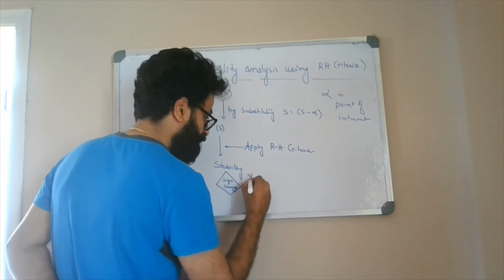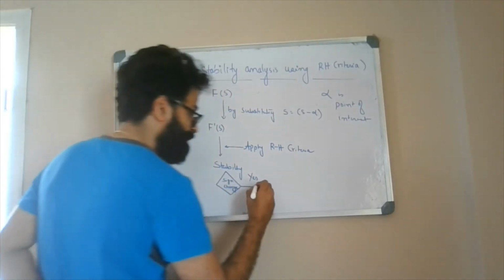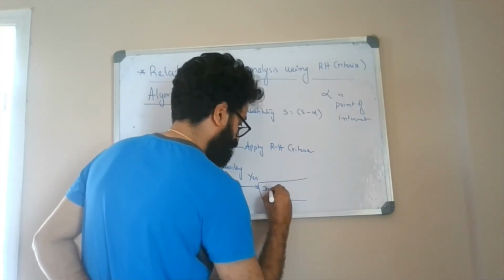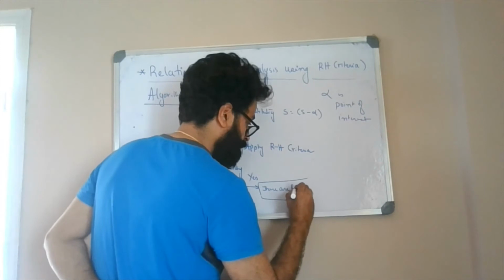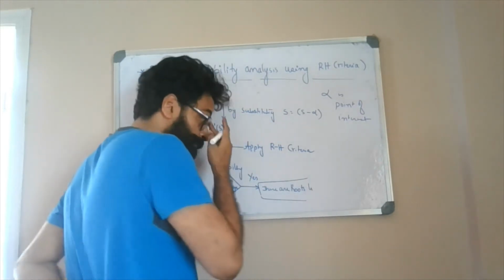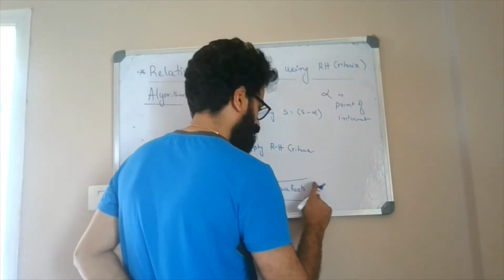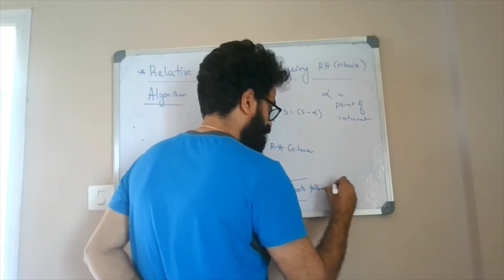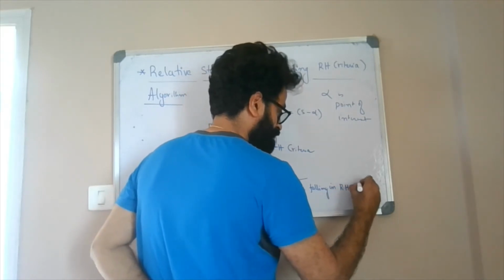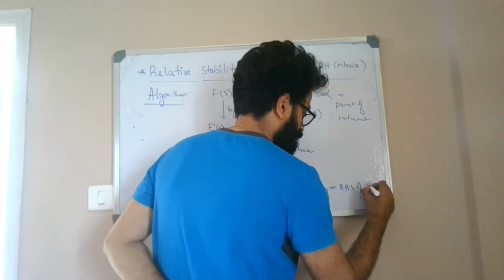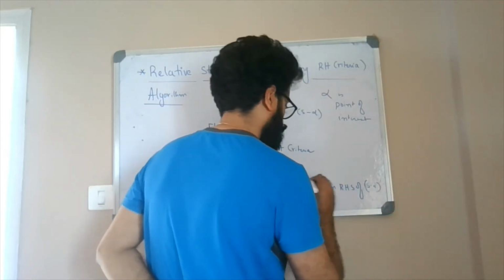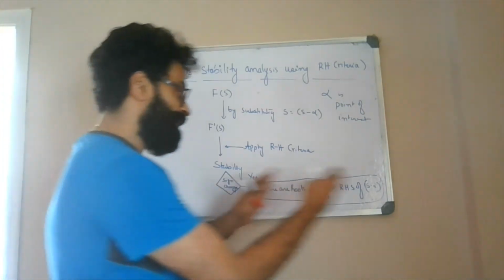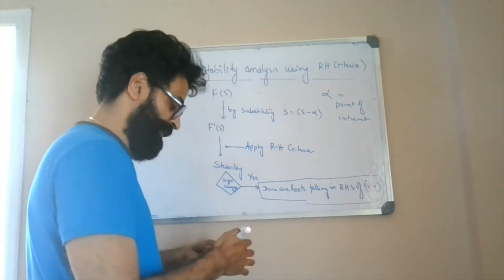If yes, then there are roots falling in the RHS of s minus alpha. If there is sign change, then there are roots falling in the right half of the s plane.